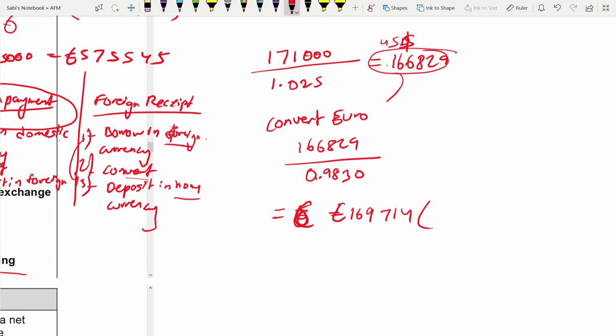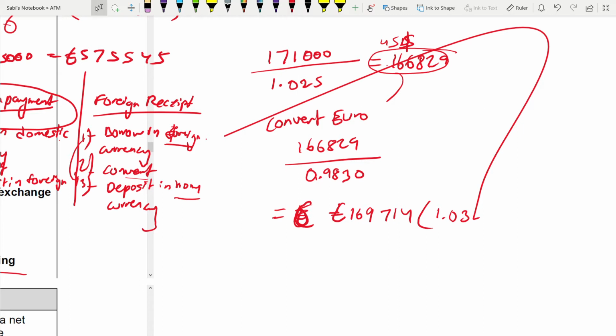3.25%. So it will be 1 plus 3.25%. That 1 will always be added to the percentage, the interest rate which you get after you take it for the 3 months. So it will be 1.0325. Sorry for that.